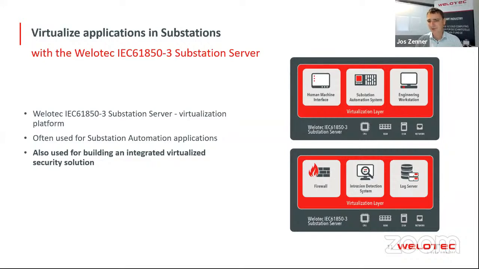So, for example, if you're using a firewall on a substation server, and in 2 years you have the requirement to add an intrusion detection system, and then you need to have probably another intrusion detection system, or you need to add a log server, you can just do it by software without installing new hardware. And this allows you to bring OT security into substations much faster and much more reliable.